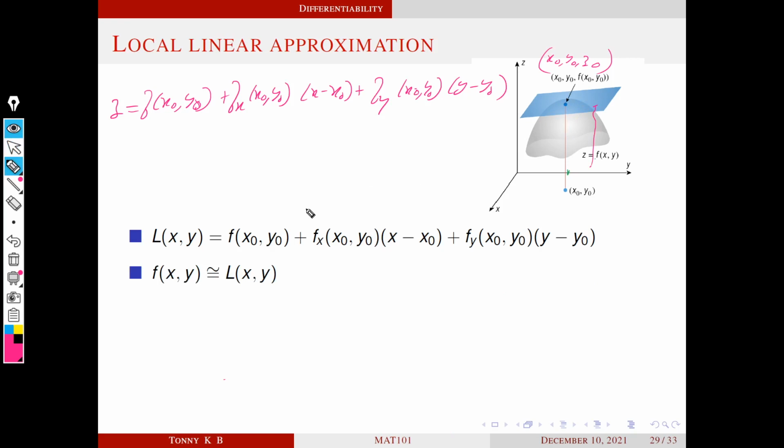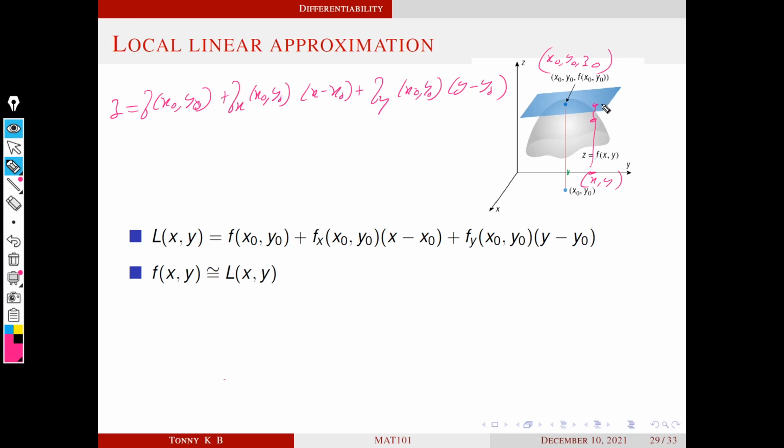So analogous to one variable calculus, our local linear approximation is the approximation from the tangent plane at this point x naught, y naught. That means suppose we choose a point x, y somewhere near this x naught, y naught. Then the actual value of this function is on the surface. Suppose the surface is unknown. Then you can approximate this value using the value of the tangent plane at this point.